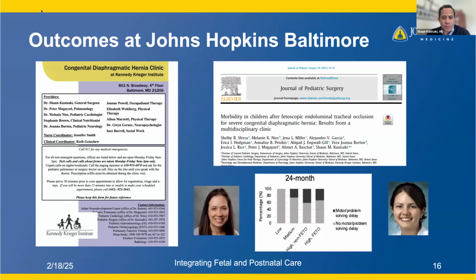I finally want to mention that because CDH is a multi-organ dysfunction disease with neurologic, cardiac, pulmonary, as well as GI issues, I think long-term follow-up is really essential to make sure that we get excellent long-term outcomes in these very sick patients.